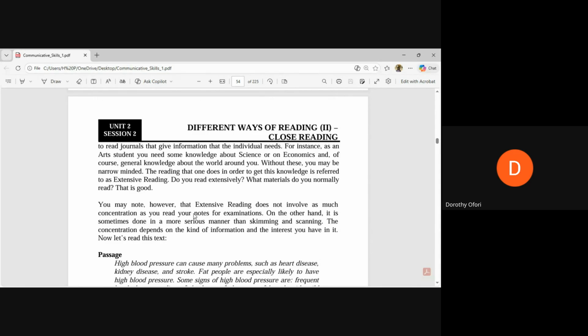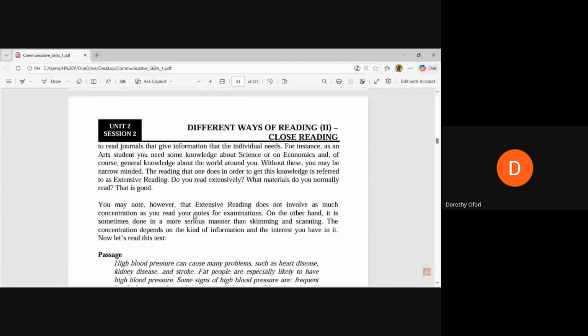Okay. Now let's look at one important thing under extensive reading. When we read extensively, we do not really look at it a lot, like our notes that we read for examination, because it's just there to give us new words, give us new ideas. So you don't read it as much as you read your notes or your books that are related to your field.